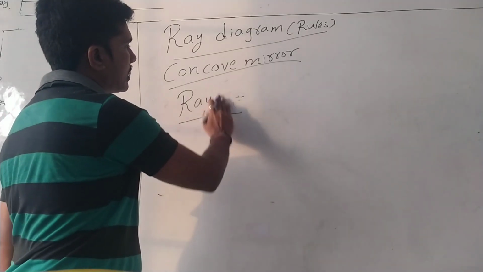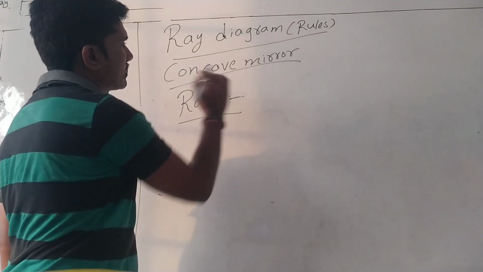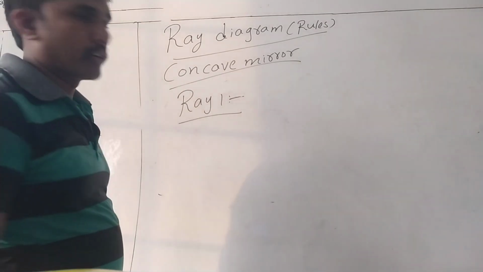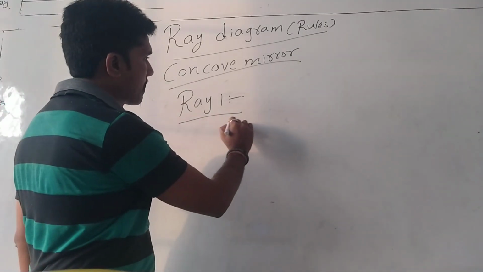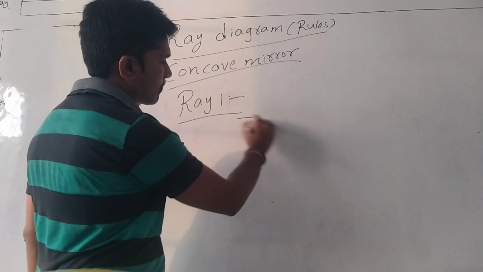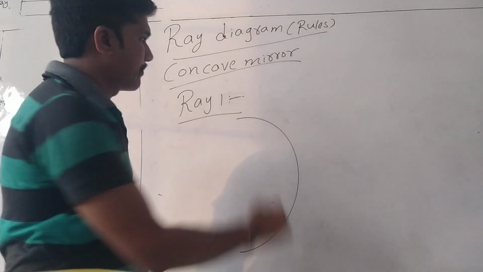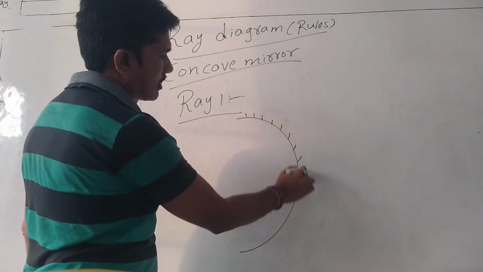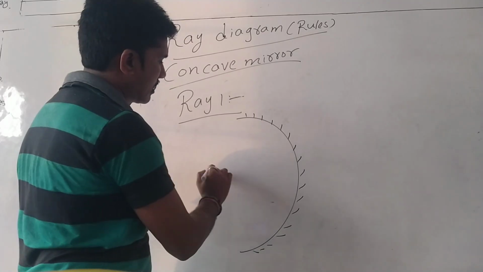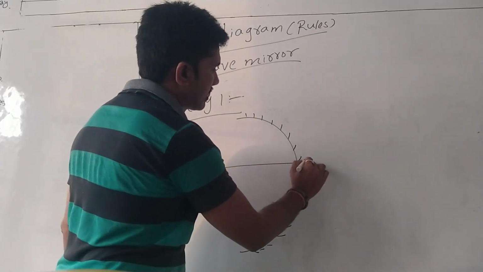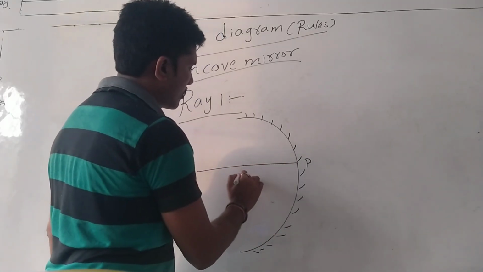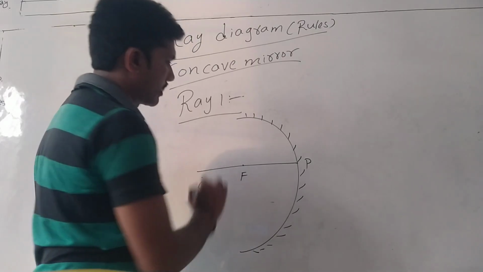You can draw ray 1 like this. This is for concave mirror only. You can draw a concave mirror, one straight line, pole, focus, center of curvature.